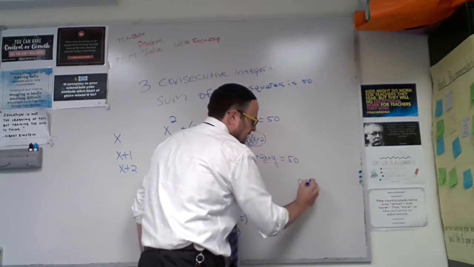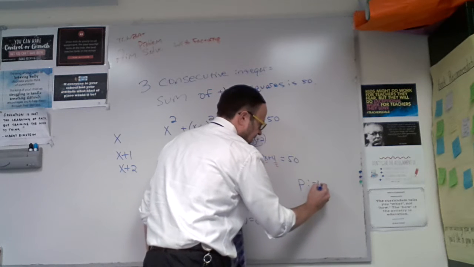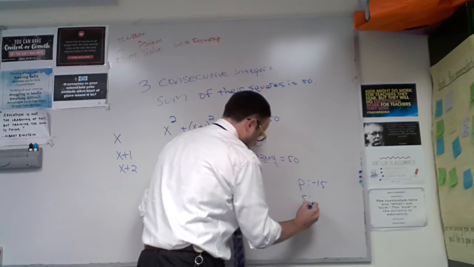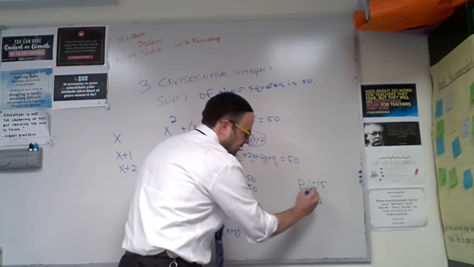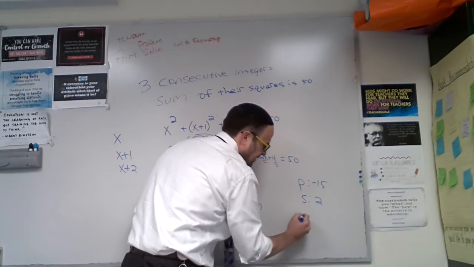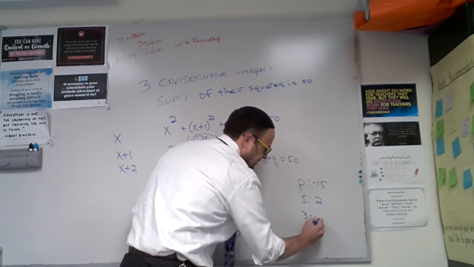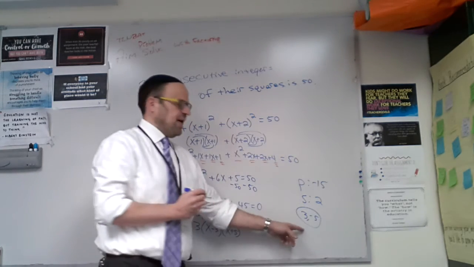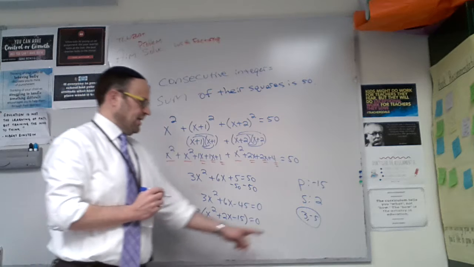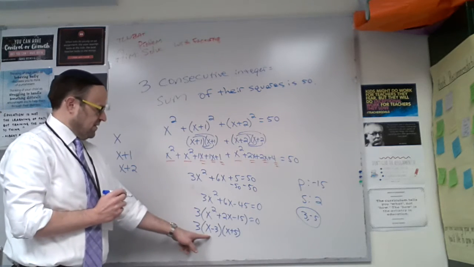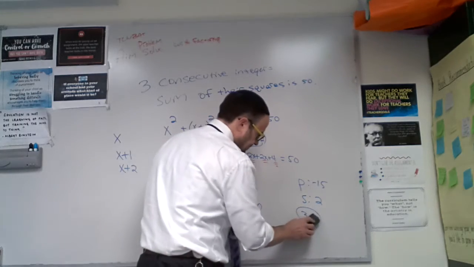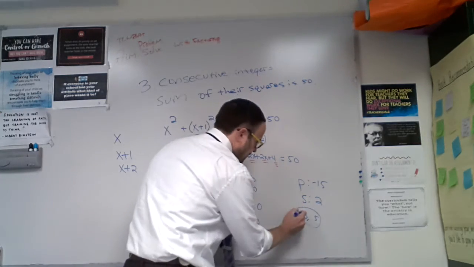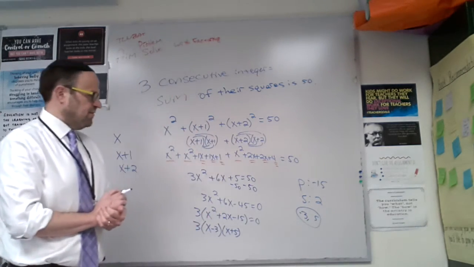If you need to write out the factors over here on the side, you can, but I think this one is pretty quick work for us. So negative 15. We can see the pair of numbers that I'm looking for is 3 and negative 5. And no. Negative 3 and positive 5.